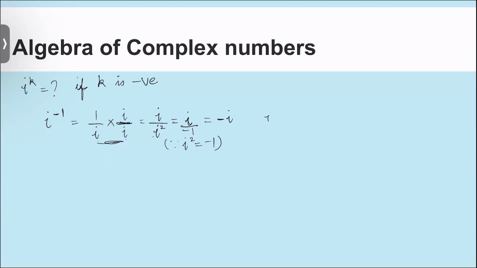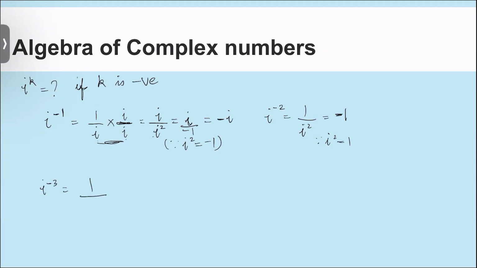Now if you have i^-2, that is 1 upon i squared. We already know that i squared is equal to -1, so what you are left with is -1. Now let's say we take i raised to -3.